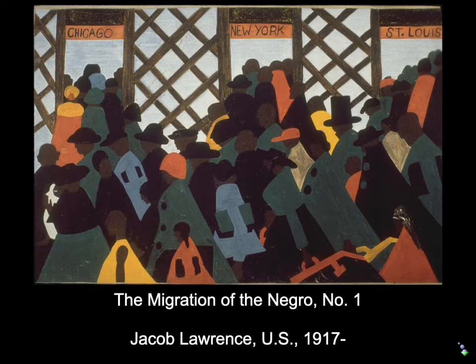So here you see this crowd of people sweeping from the right to the left, going to the train stations, buying their tickets for St. Louis, New York, Chicago. Now, this kind of simplifying, abstract patterning, Lawrence is aware of Cubism and Fauvism and other movements in Europe, and he's using those ideas but developing them in his own way.